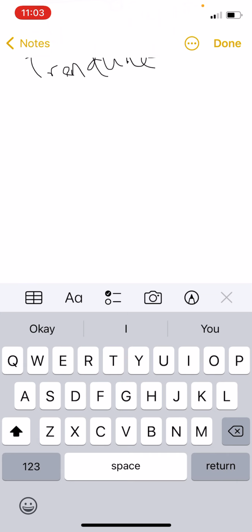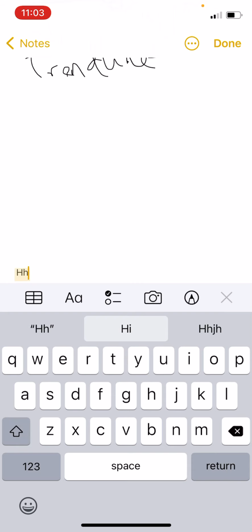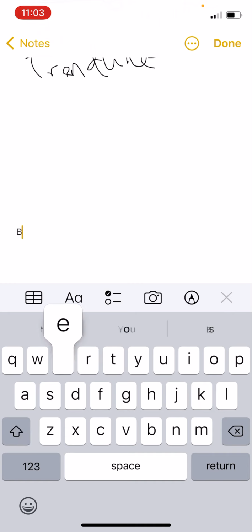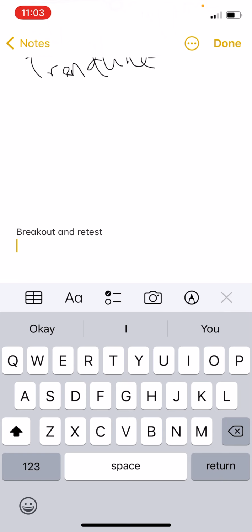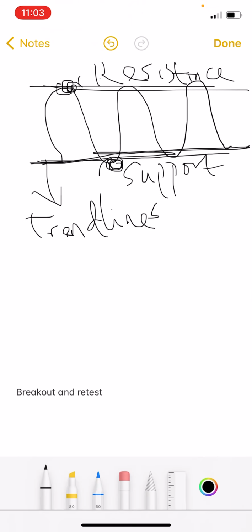So for your breakout and retest, this is how it looks like.